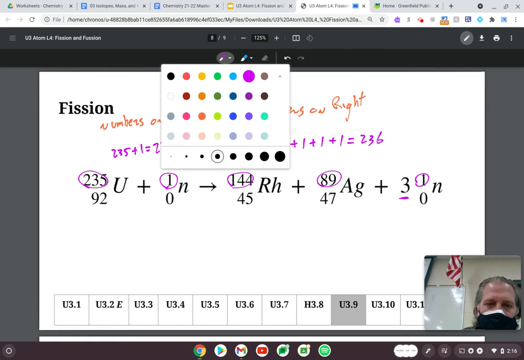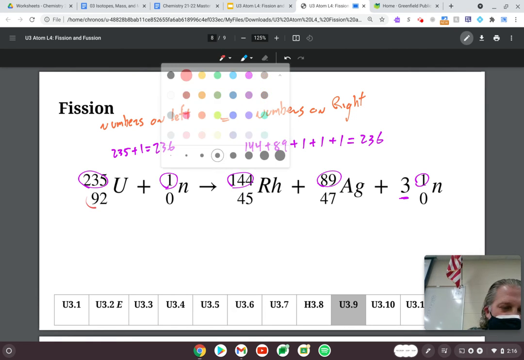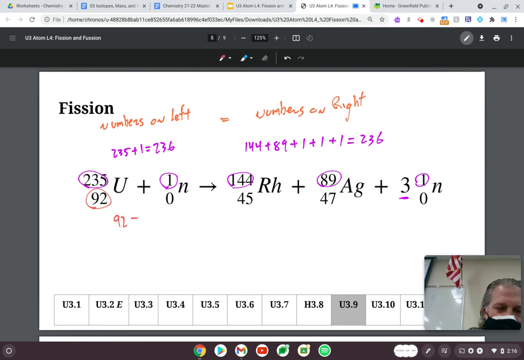And then my atomic numbers, 92 plus 0 must equal 92. So that means everything on the right-hand side must add up to 92 as well. So 45 plus 47 plus 0 plus 0 plus 0 happens to add up to 92.